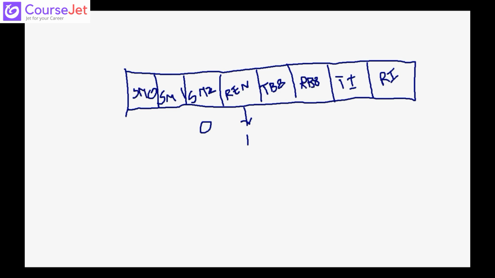You have different modes of communication, selected by SM0 and SM1. That means you have 4 combinations available: 0 0, 0 1, 1 0 and 1 1. In this particular mode, we will be using 0 1.